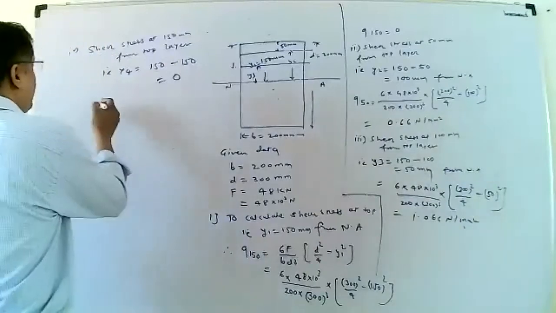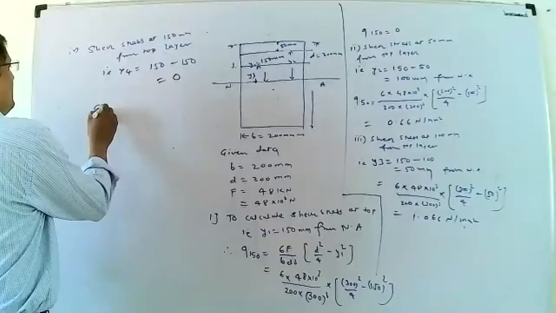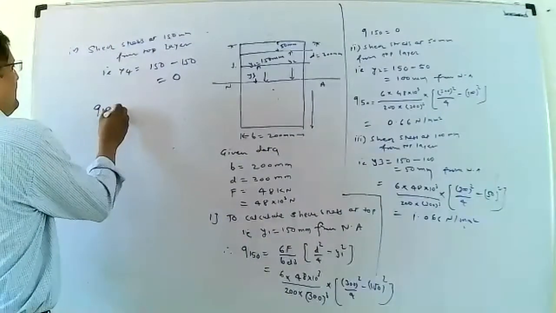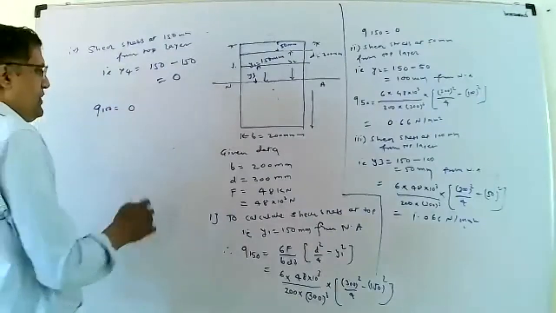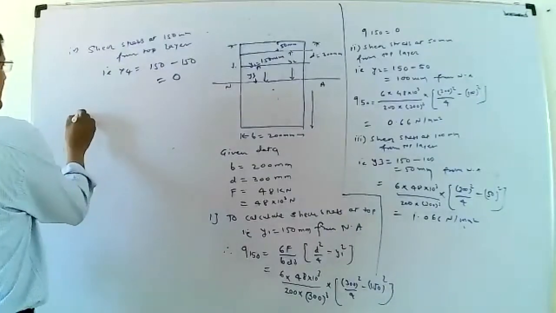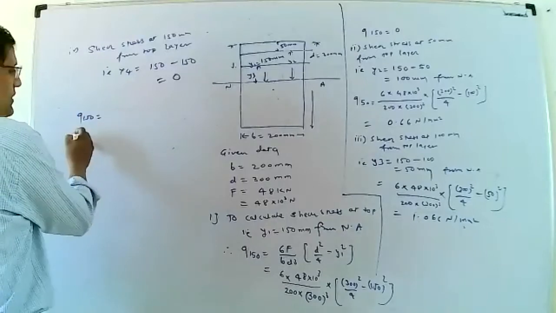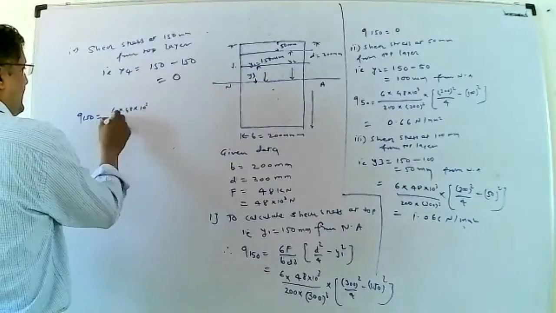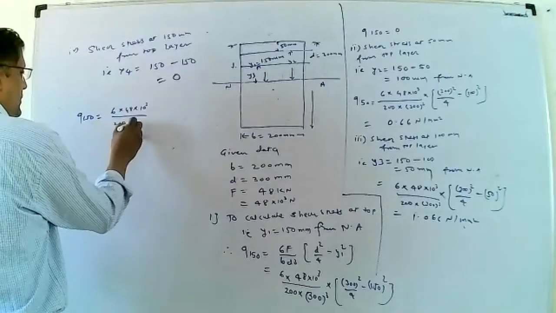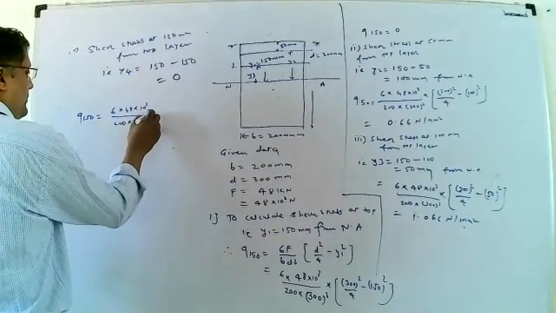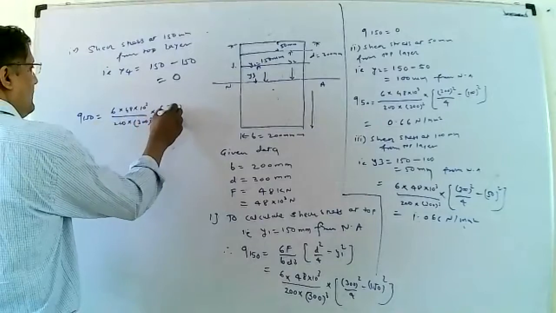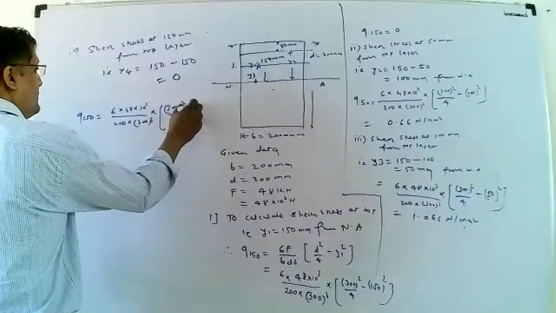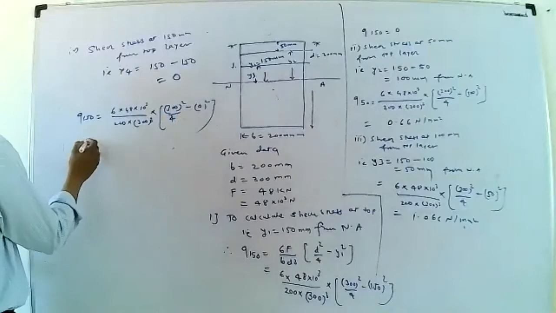Then here, Q max. How to calculate Q max? Q150 will be 0. After putting in the value: Q150, 6 into 48 into 10 raised to 3 divided by 200 into 300 cube into 300 square divided by 4 minus 0 square.